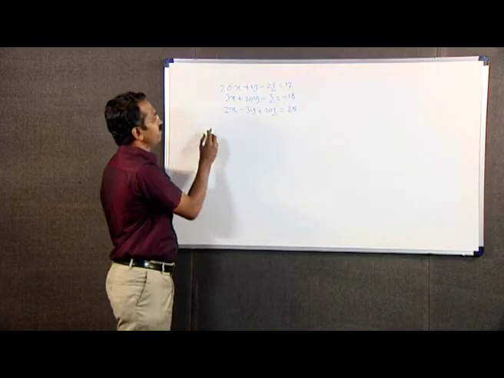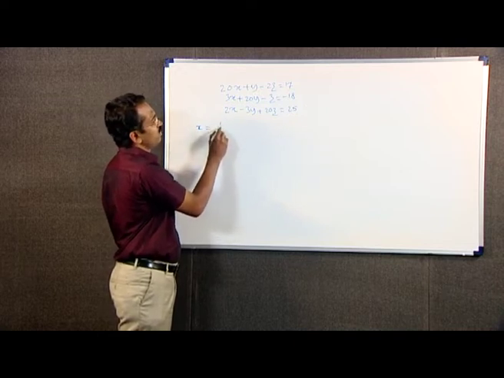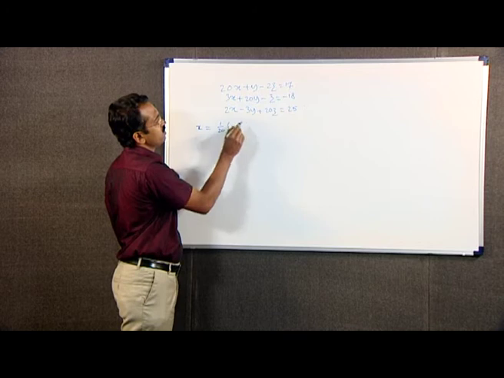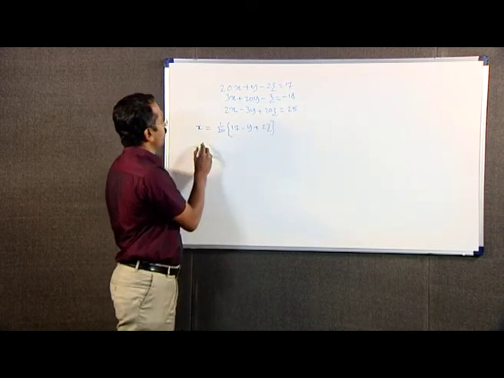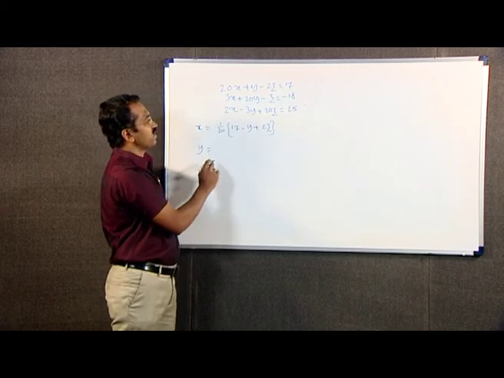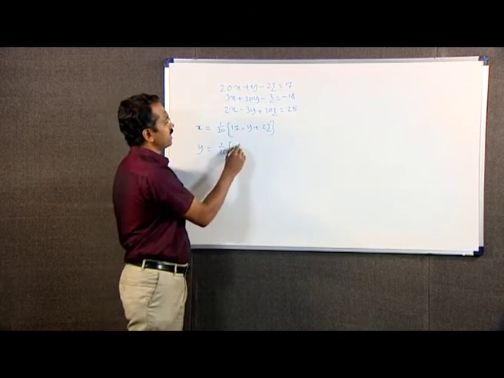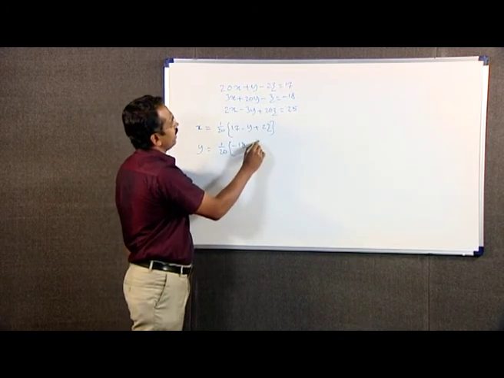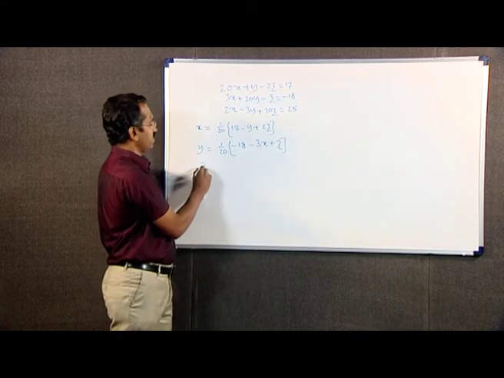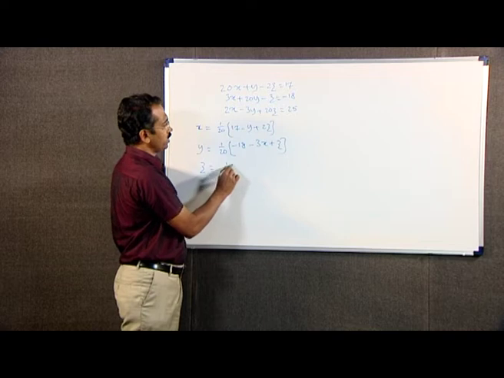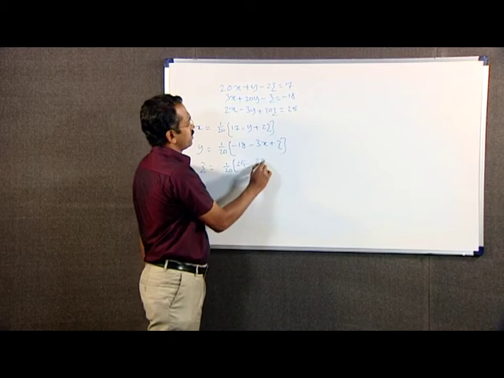From the first equation, we can write x is equal to 1 by 20 into 17 minus y plus 2z. From the second equation, y is equal to 1 by 20 into minus 18 minus 3x plus z, and from the third equation, z is equal to 1 by 20 into 25 minus 2x plus 3y.